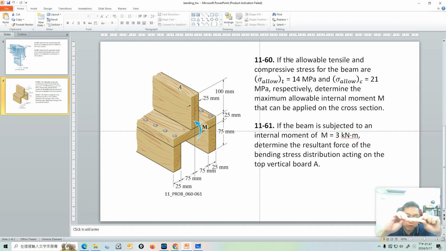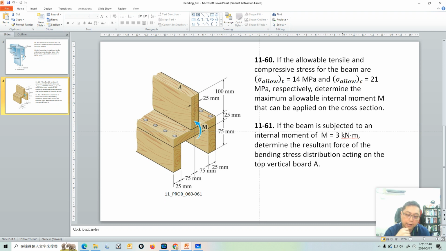So if an internal moment causes bending stress like this, the top surface is compression and the bottom surface is tension. That's why the problem gives you the maximum allowable tensile and compressive stress, and we want to calculate the maximum allowable internal moment.